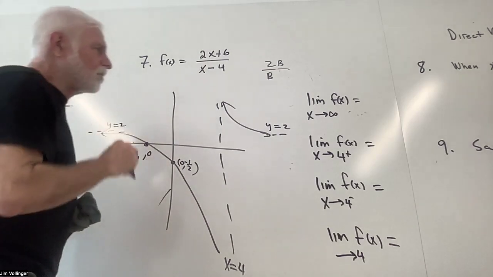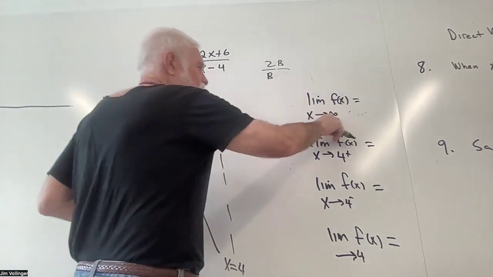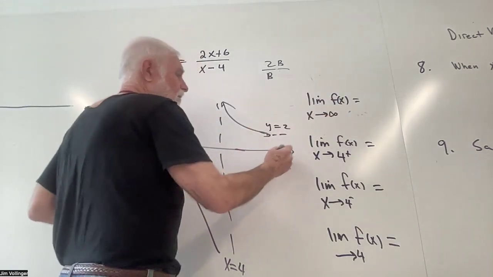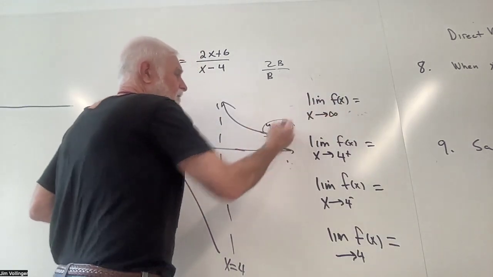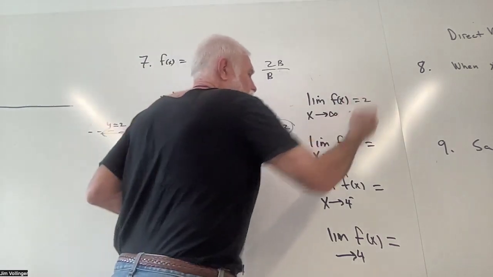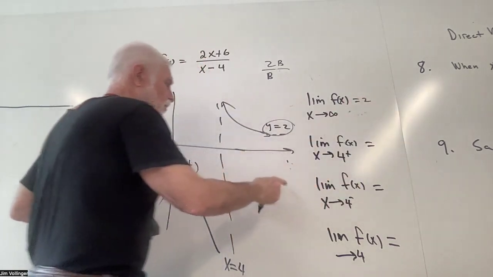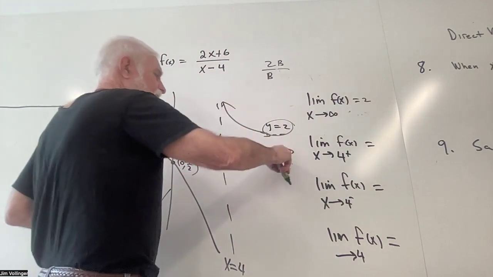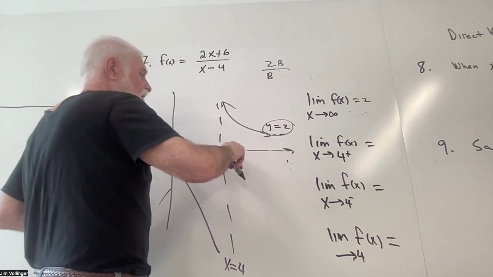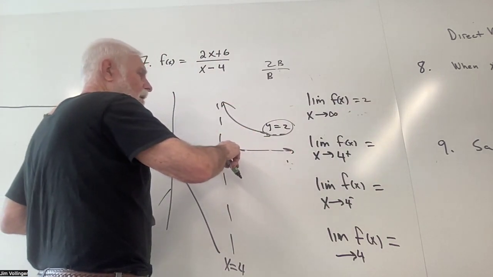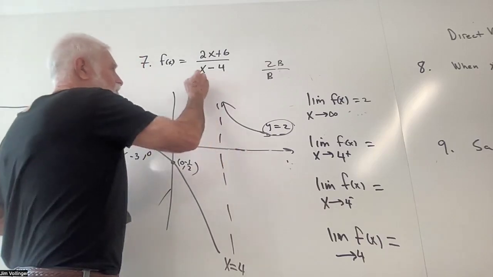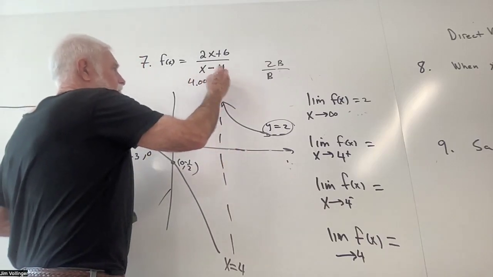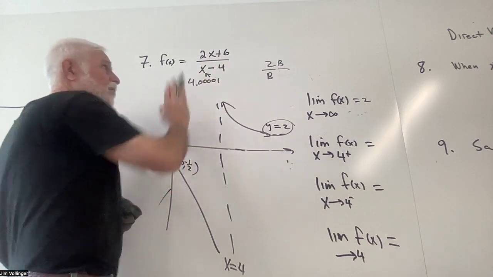Now I can answer some questions. What's the limit as f of x goes to infinity? As I head to bigger and bigger numbers, I'm getting closer and closer to 2. If I come in from the right, from 10, 9, 8, 7, 6, 5, 4.5, 4.01, using numbers, put it into that x, do the math.